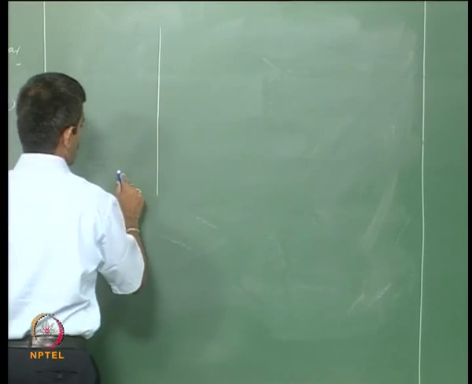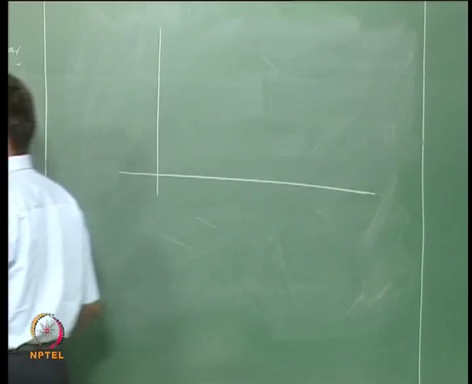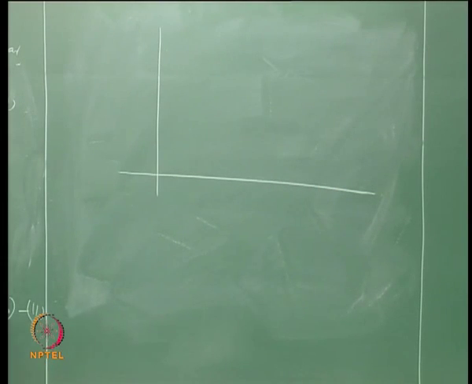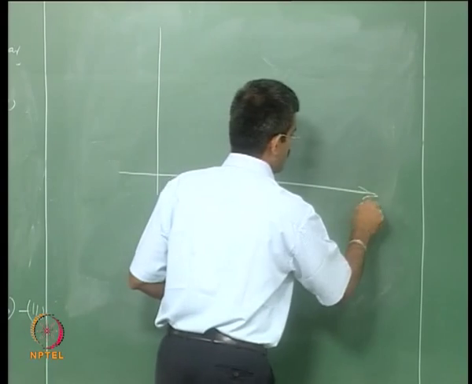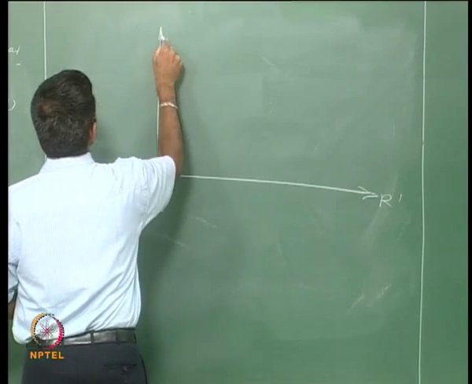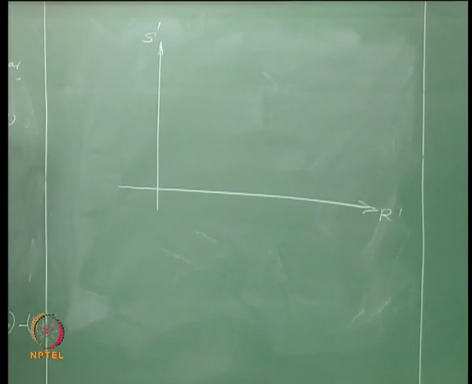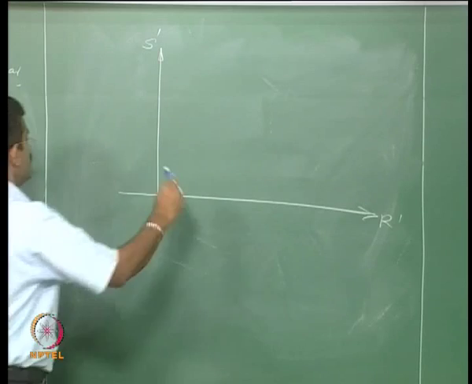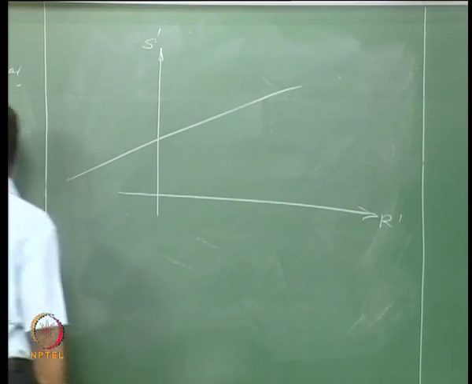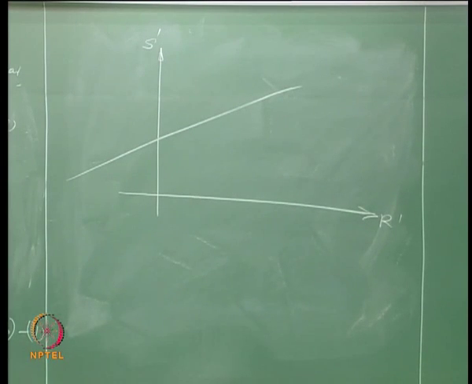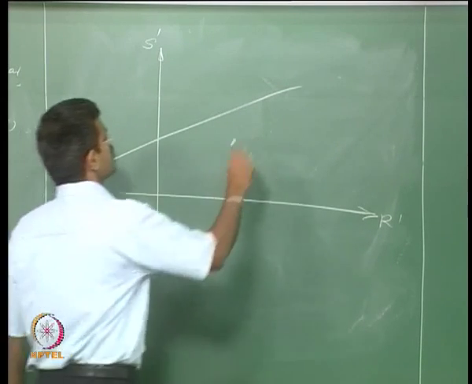So, my limit state function will look like this, in terms of r dash and s dash. It is a straight line, okay, it is a straight line r minus s. This is the limit state m equal to 0.